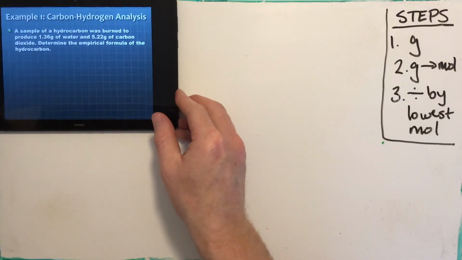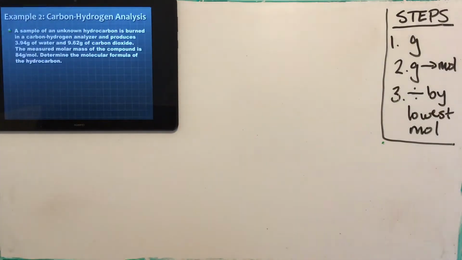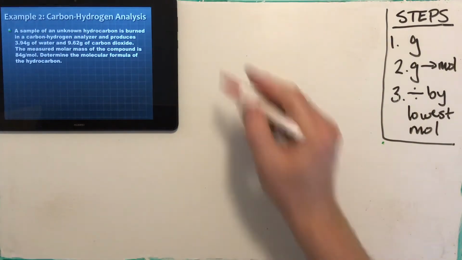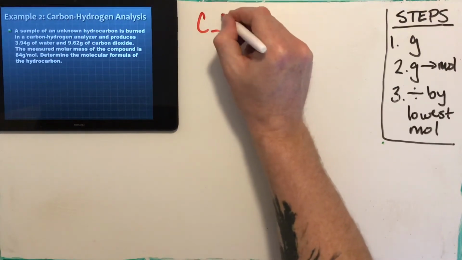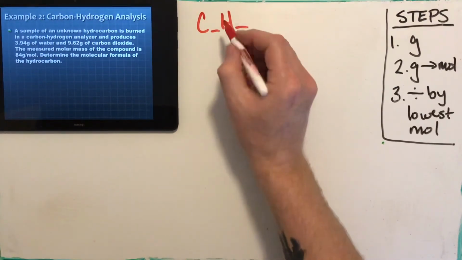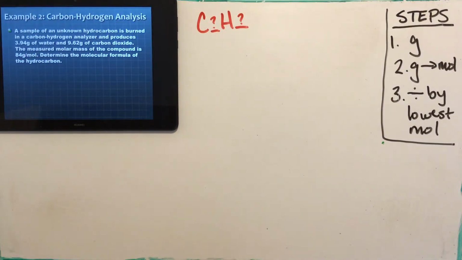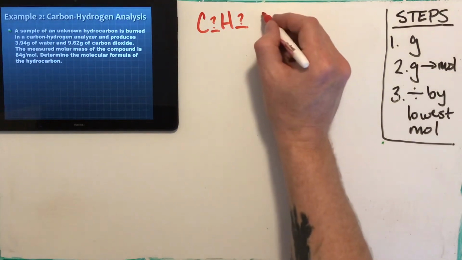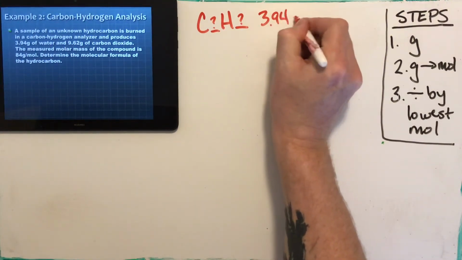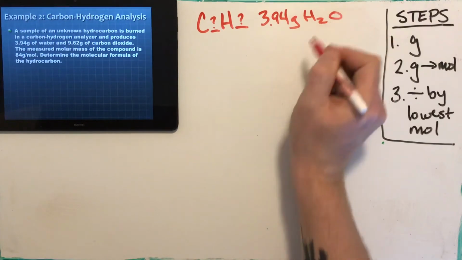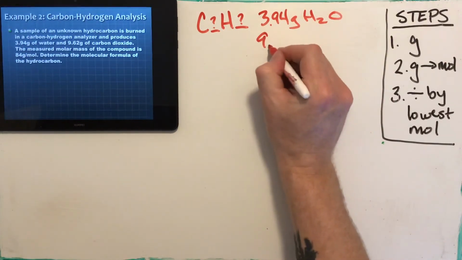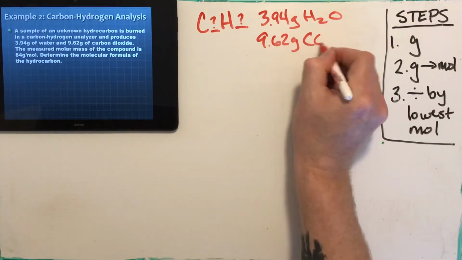So, our next question. It says a sample of an unknown hydrocarbon. So once again, we've got a hydrocarbon, and we don't know the subscripts that are there. It's burned in a carbon hydrogen analyzer and produces 3.94 grams of water and 9.62 grams of CO2.